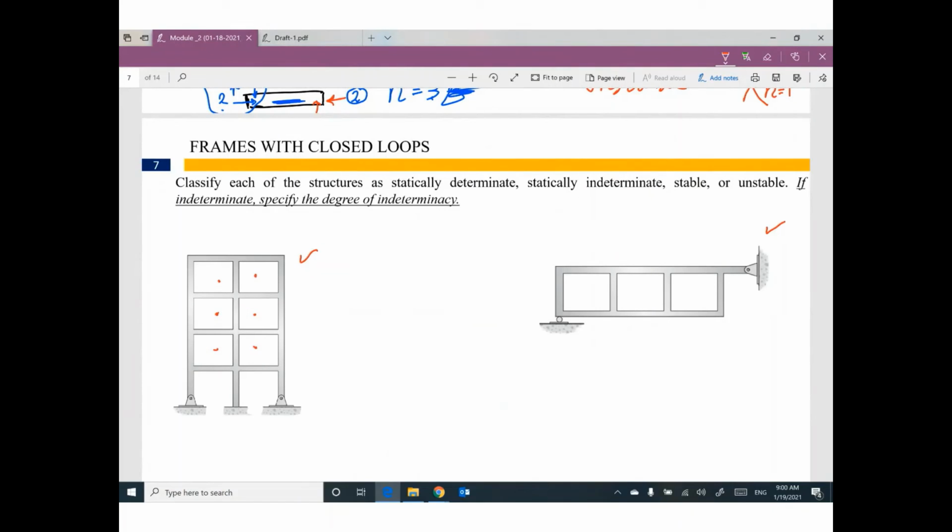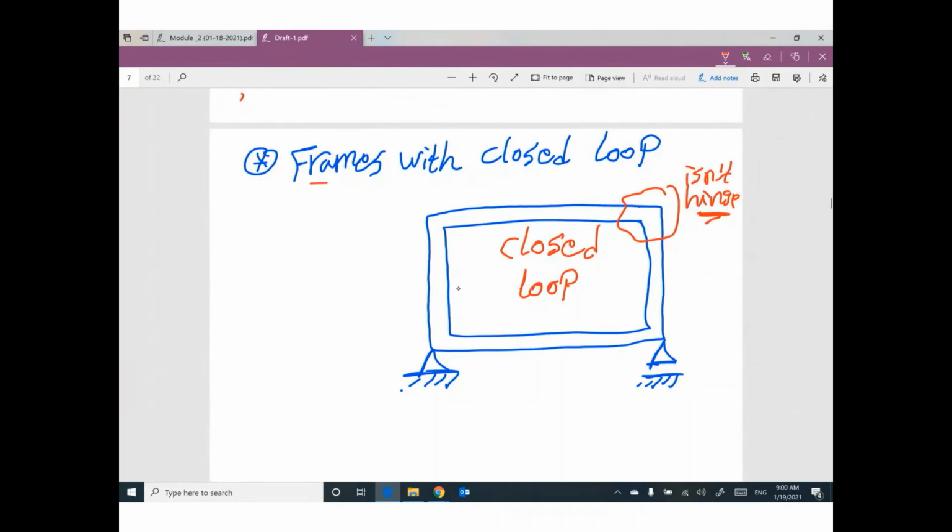How many here? 1, 2, 3. So sometimes for frames, we can find closed loops. Each closed loop has 3 unknowns.